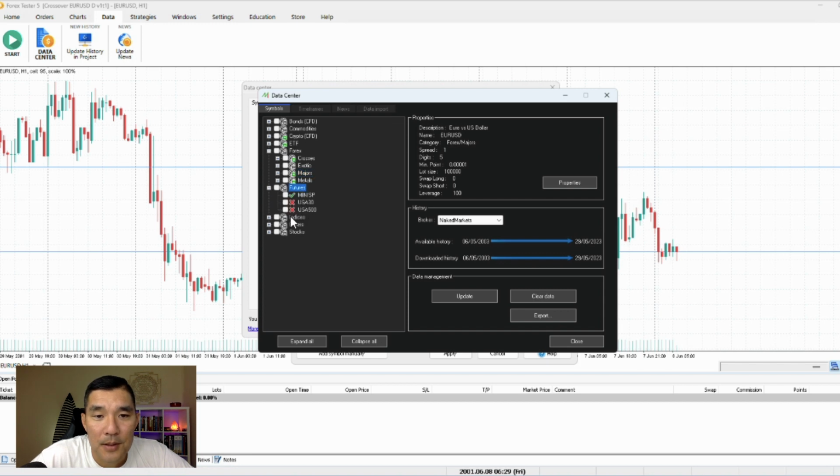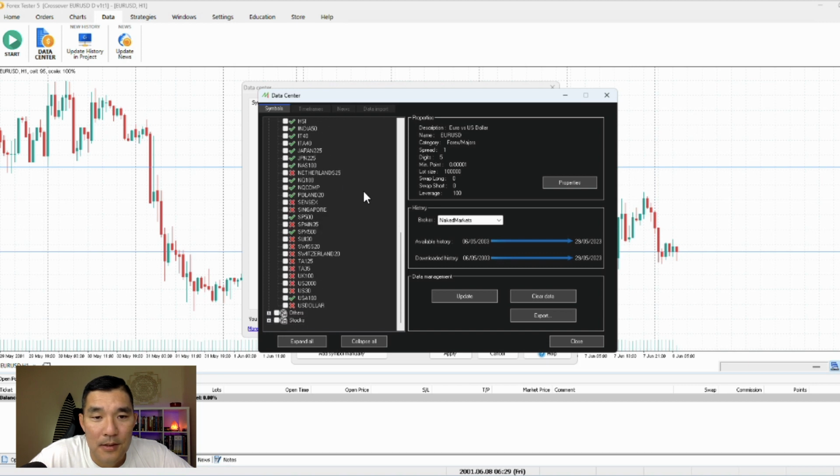Some futures markets, some S&P indexes, a lot of indexes from around the world. They just added this others category, and they also have some stocks from different countries. So it's a very wide selection of data, but I'm going to give the edge here to Naked Markets because you don't have to pay any extra to get the updates.